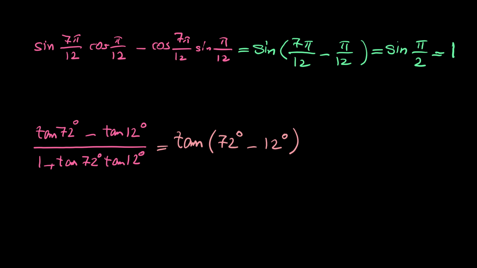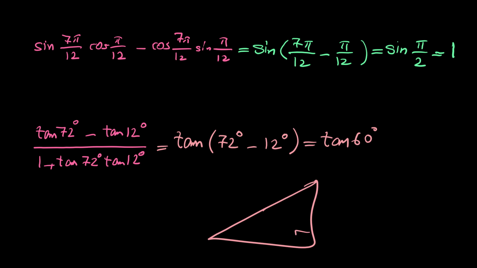So 72 minus 12 is 60. So this equals tangent of 60 degrees. What is tangent of 60 degrees? Again, you can use the famous triangle. Here is 30, here is 60, root 3 here, 1, 2.